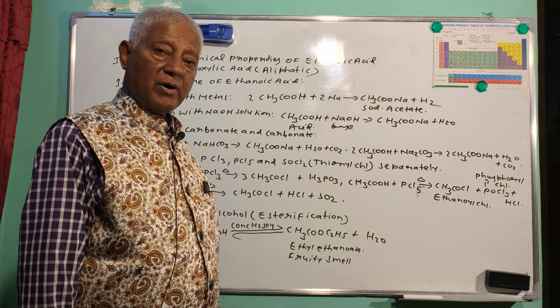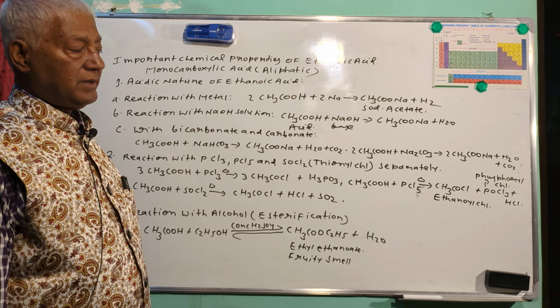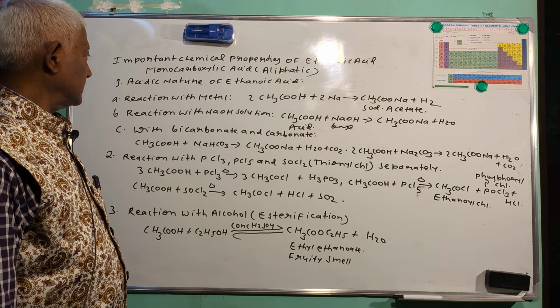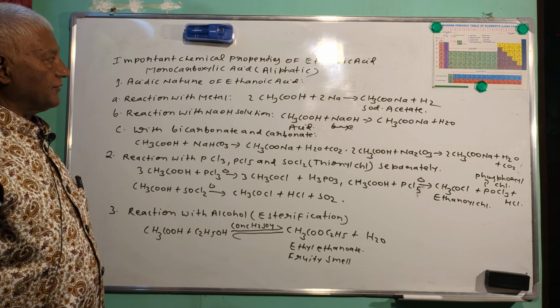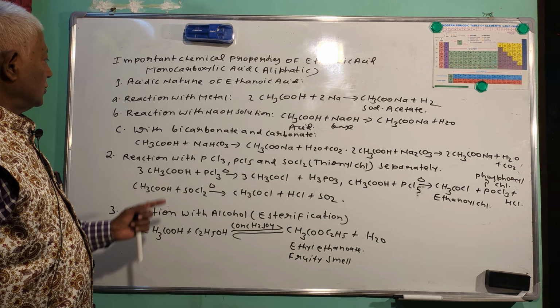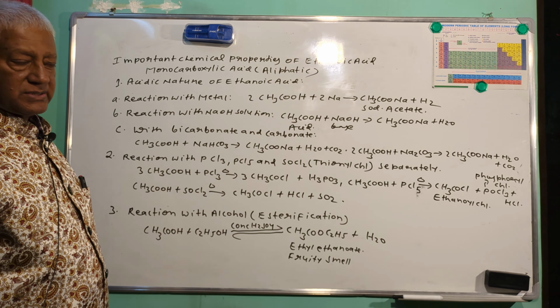Now I am talking about the important chemical properties of ethanoic acid, or you can say aliphatic acid. The first one, sometimes asked, is to write down the acidic nature of ethanoic acid. So, reaction with metal. Generally we use sodium metal or potassium metal.